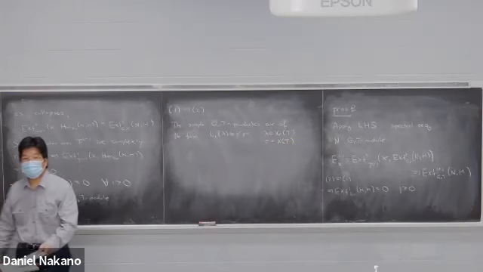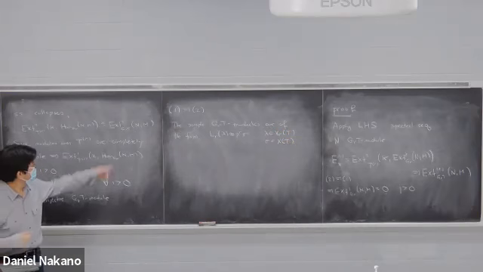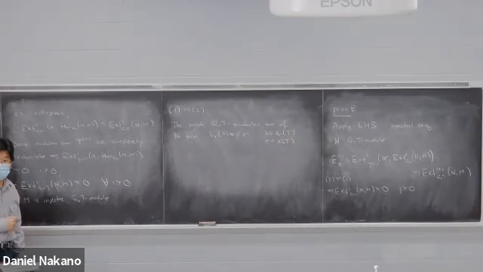So basically, you just take the GR modules and you tensor them by a one-dimensional representation. Okay, so I'll actually state this later on.